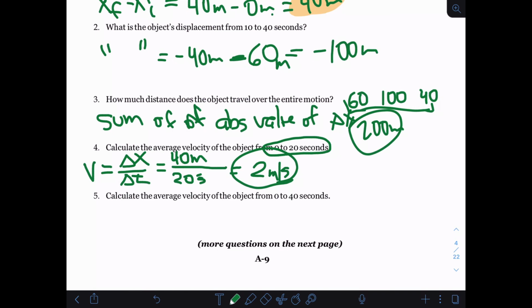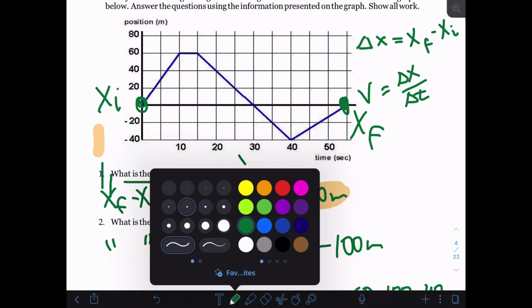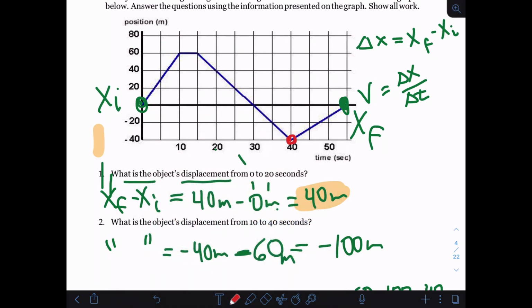If I want the average velocity from 0 to 40, we're going to come back and use the same equation again. But this time, you weren't asked to do 0 to 40 displacement, so we got to look at that. The time is going to be easy. It's 40 minus 0 seconds. Let's look at that displacement from 0 to 40 and knock that out pretty quick here. Well, let's use a different color. That's our x final. And this is our x initial again.